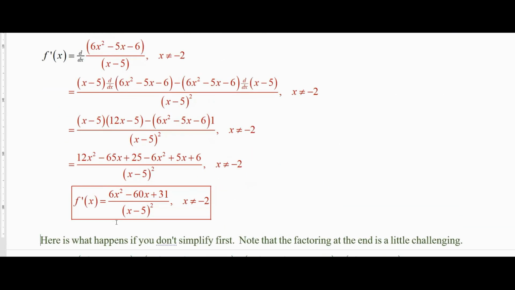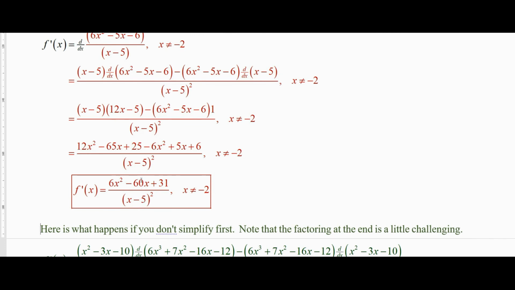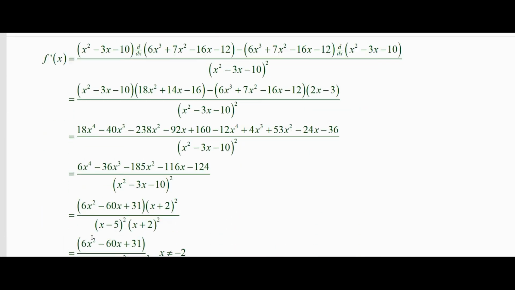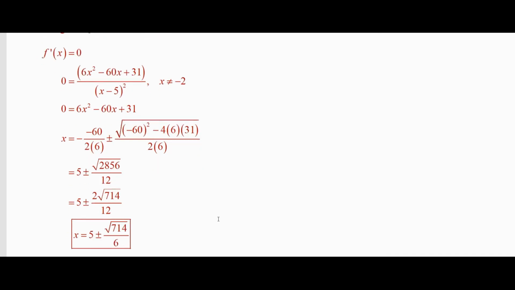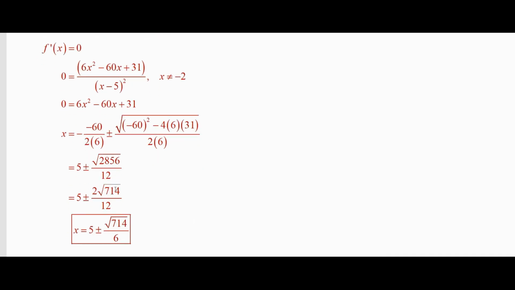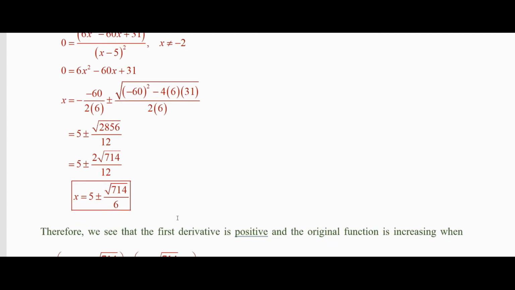When is the first derivative equal to 0? Well, it's 0 when the top is 0 and the bottom's not. Well, we just want to find when the top is equal to 0 there. So that's basically a quadratic formula problem, which I work out here. And it's 5 plus or minus square root of 714 over 6.